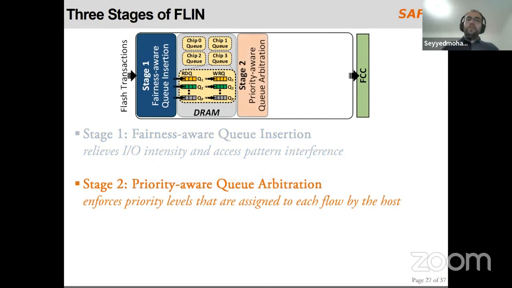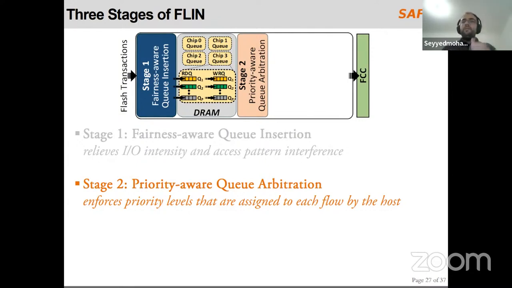In stage 2, we do priority-aware queue arbitration. This is important to enforce priority levels that are assigned to each flow by the host. In modern SSDs, the host can define different priorities for different flows, and to enable this property of NVMe, we have different queues with different priority.